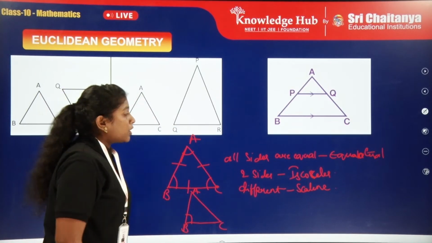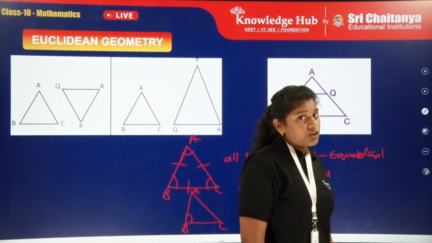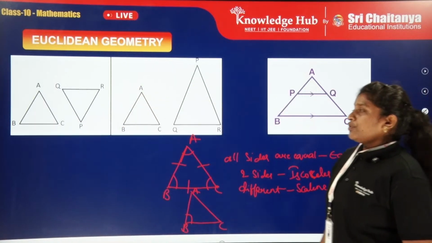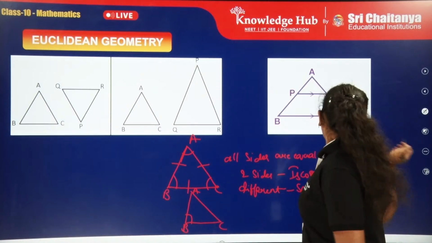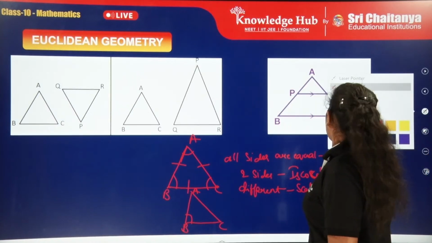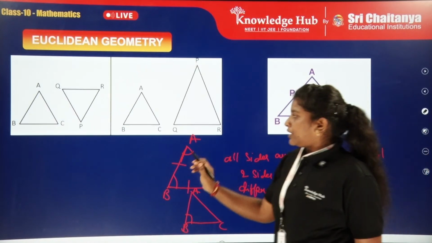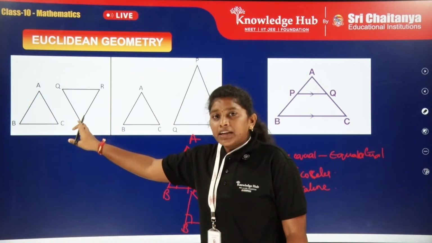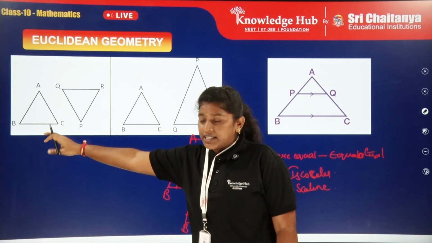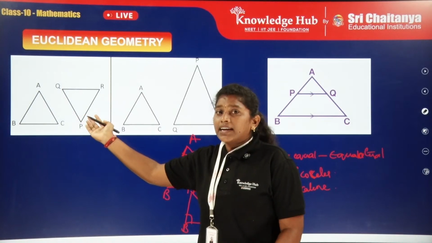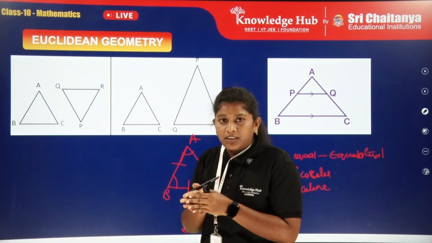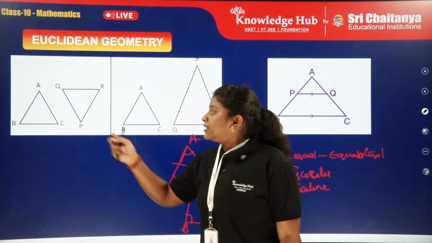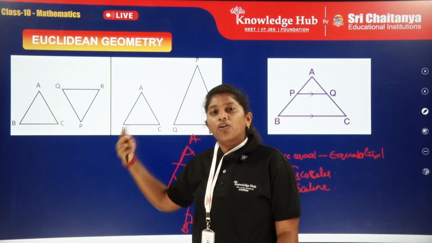Now, let's see the symmetry and congruency of triangles. If you observe here, we have triangle ABC and triangle PQR. If I overlap my triangle PQR on triangle ABC, exactly it is going to overlap with ABC. Okay. So now we can say that triangles ABC and PQR are congruent.